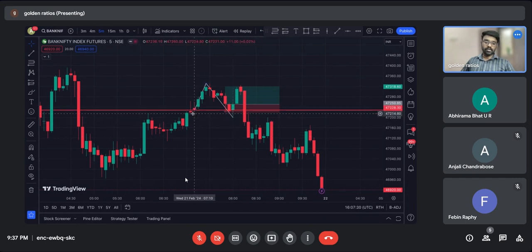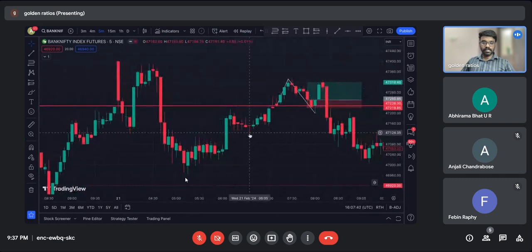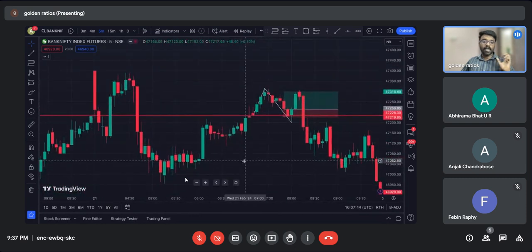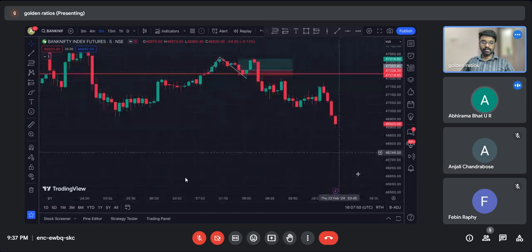Here also the resistance was broken and it gave a movement. You can see here also, ma'am, a resistance was broken and the market moved up. Whenever a resistance breaks, that means buyers are in control at that place. Got my point? Yes.